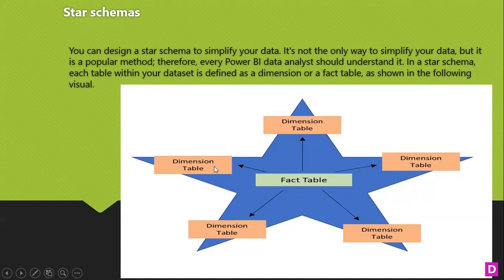But we cannot have a relationship between two dimensions directly in the star schema. You can have a look here. The dimension tables are all connected to our center fact table, but the two dimensions are not connected to each other. But in some cases, it may be possible that you have to connect two dimensions with each other. For example, let's say I have a country dimension and a state dimension.